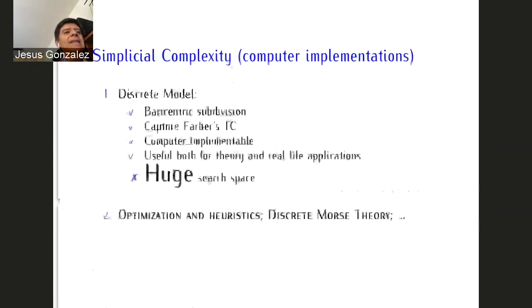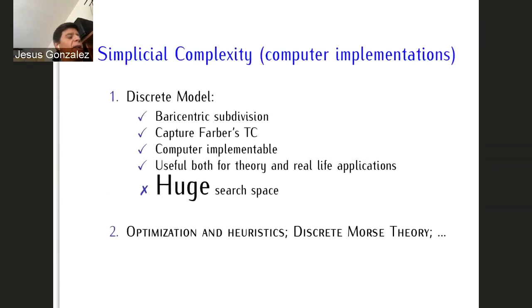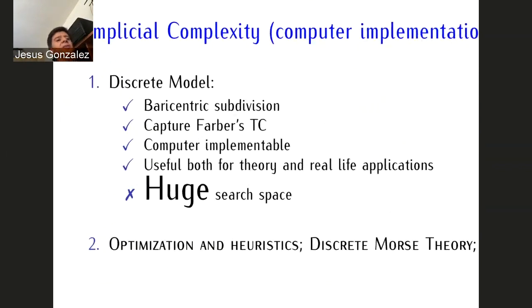So this is finally the motivation, and let me just start now by saying what the main ingredients are for discretizing the notion of topological complexity. I call this the simplicial complexity because it applies to abstract simplicial complexes instead of topological spaces. All right, so this model is based on barycentric subdivision.